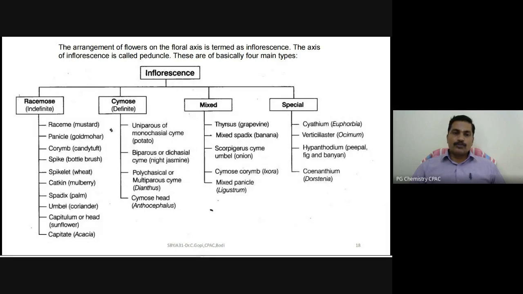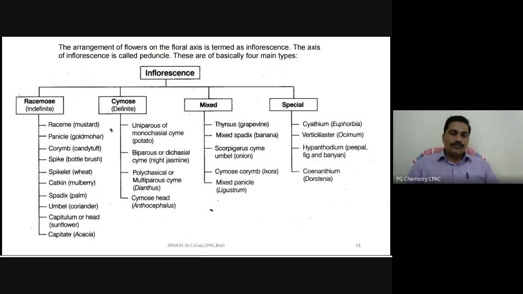Let's come to inflorescence. Already discussed. Just have a look. There are four different types of inflorescence. Inflorescence: the arrangement of flowers on the floral axis is termed inflorescence. The main stem of the flower is called the peduncle, and the group of flowers present on it is the inflorescence.